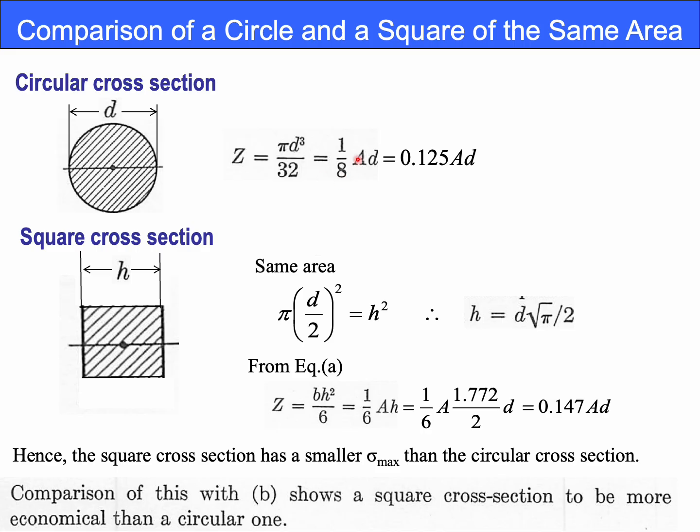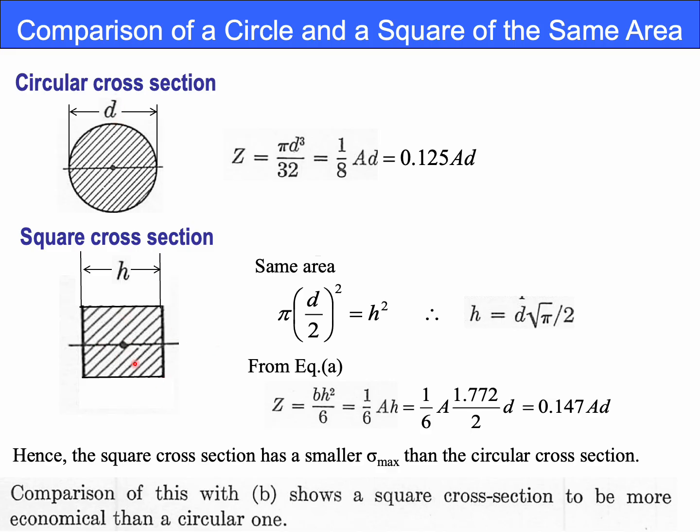That is the same as 1/8 times Ad, which equals 0.125 Ad for the circular cross section. So for a circle, the section modulus scales with Ad.